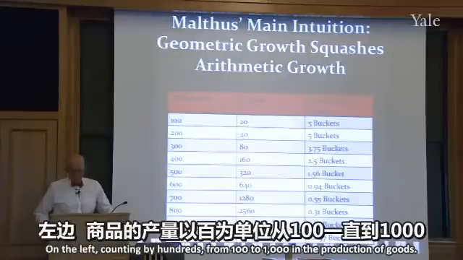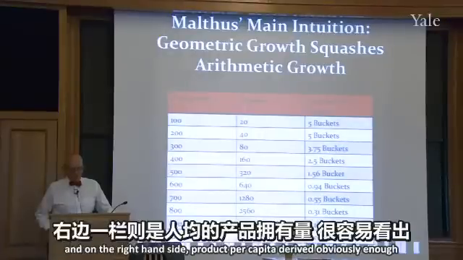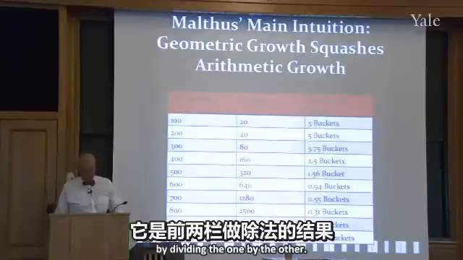On the left, counting by hundreds, from 100 to 1,000, in the production of goods. In the center, counting by doubling at each cycle the population of the same society. And on the right-hand side, product per capita, derived, obviously enough, by dividing the one by the other.